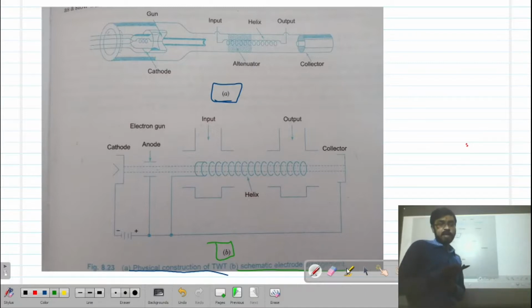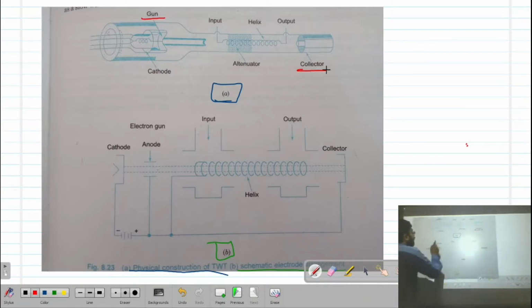In the same way as we have studied in the two cavity klystron, multi-cavity klystron and reflex klystron, we will have an electron gun, an electron collector over here, and a cathode to complete the circuit.